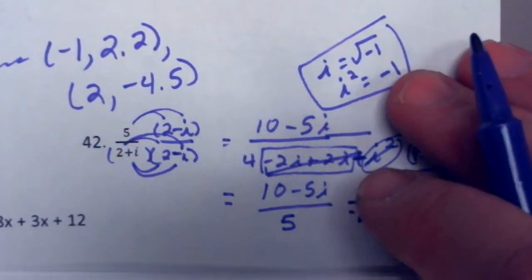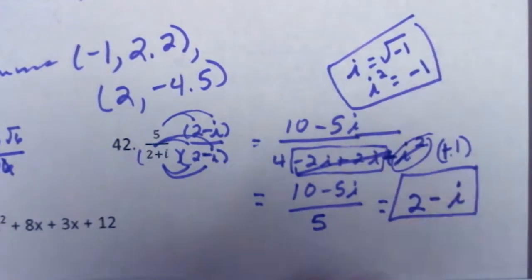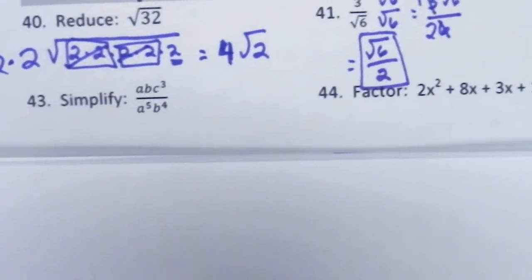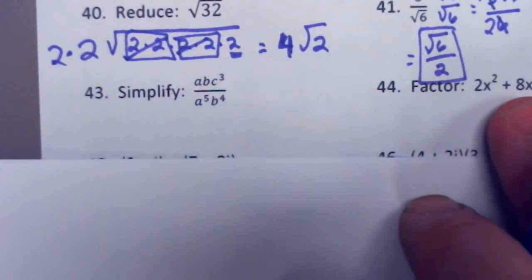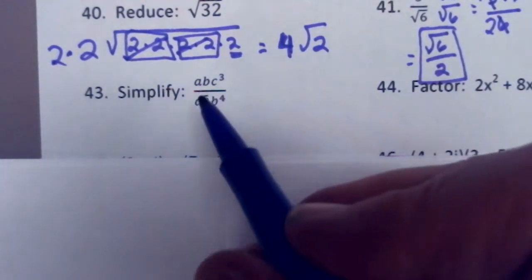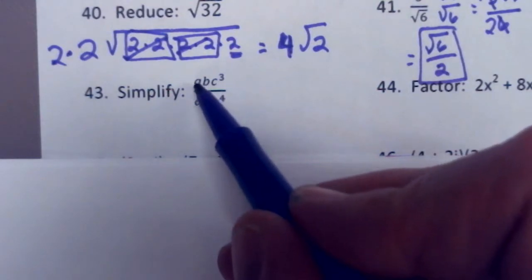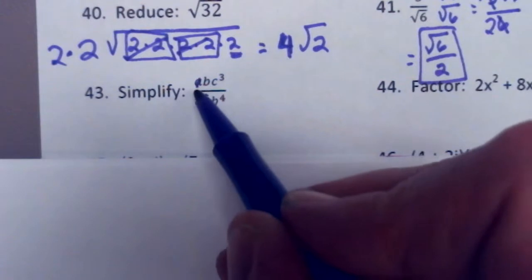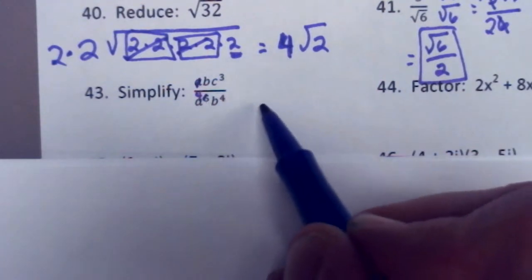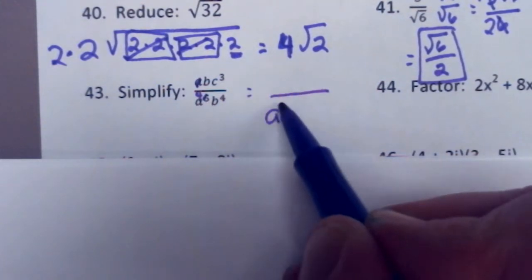All right, moving on to number 43. Exponent rules, they never go away. ABC to the third divided by a to the fifth, b to the fourth. Okay, a to the first in the numerator divided by a to the fifth. I'll take 1 a out of each. I'll end up with a to the fourth in the denominator.